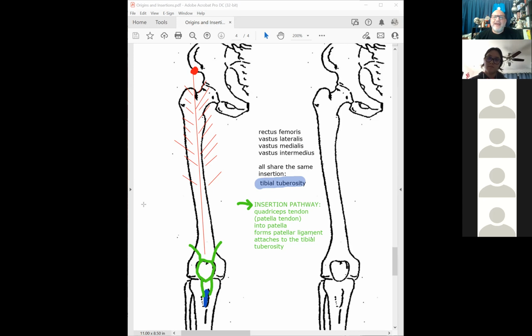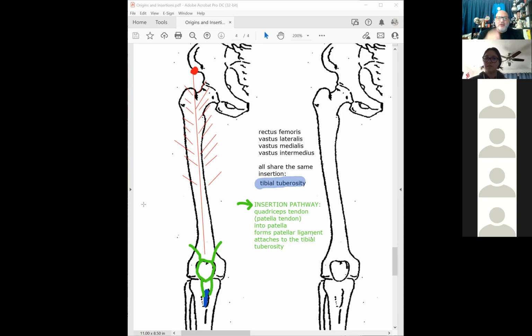And in fact, how many joints does this rectus femoris cross? Two, the hip and the knee. Being an anterior muscle, what is the obvious action on the hip? Flexes. Being an anterior muscle, what is the obvious action on the knee? It extends.